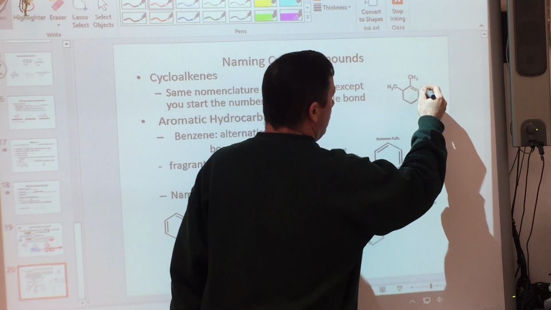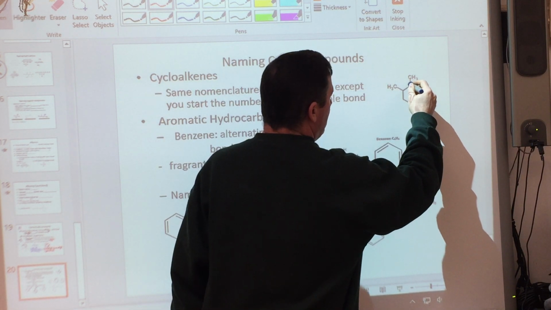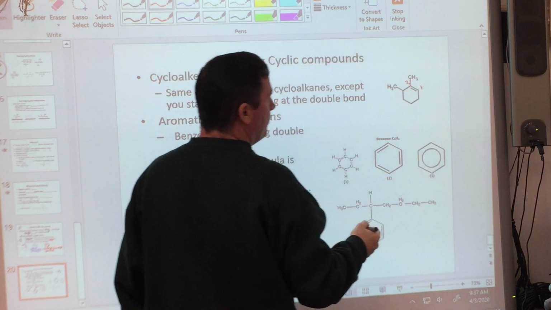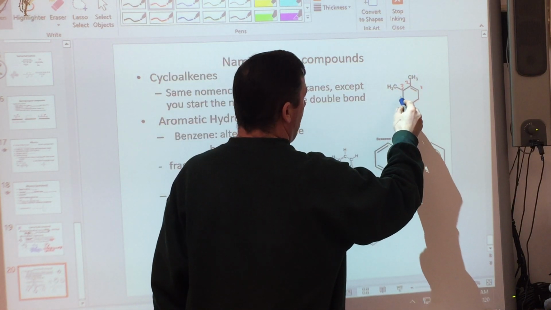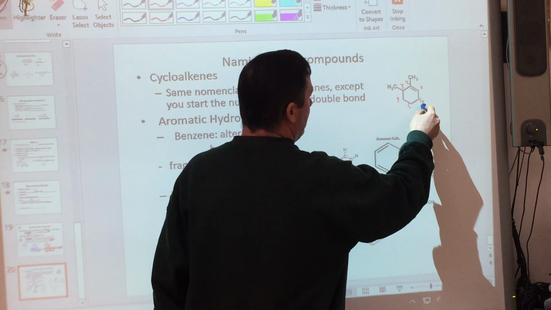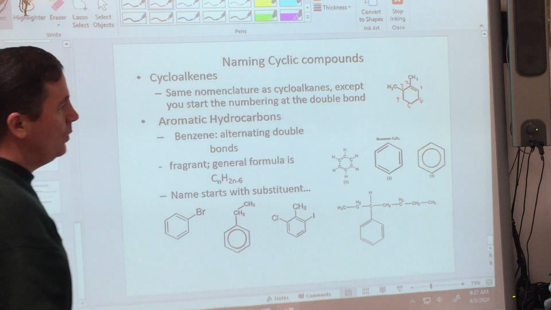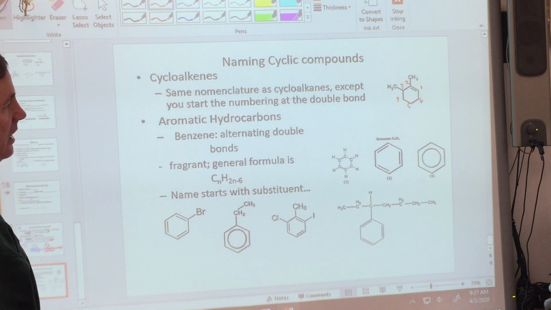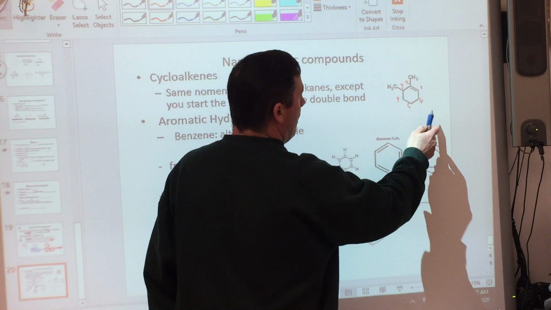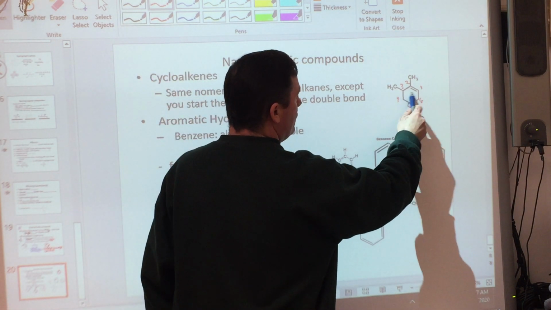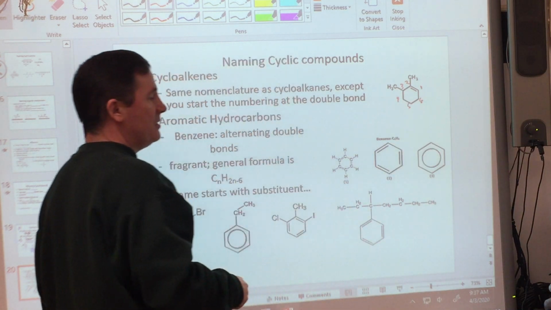So I'm going to start that with number 1, and then this is number 2. Okay, so I'm going in this direction, counterclockwise, 5, 6. So 1, 2, 3, all the way around to 6. I want my lowest combination, but this is also going to take precedence.